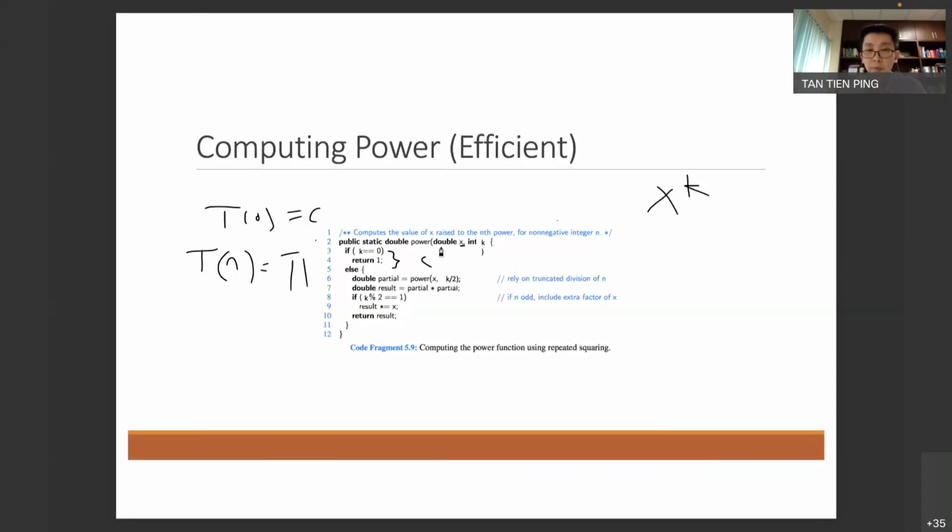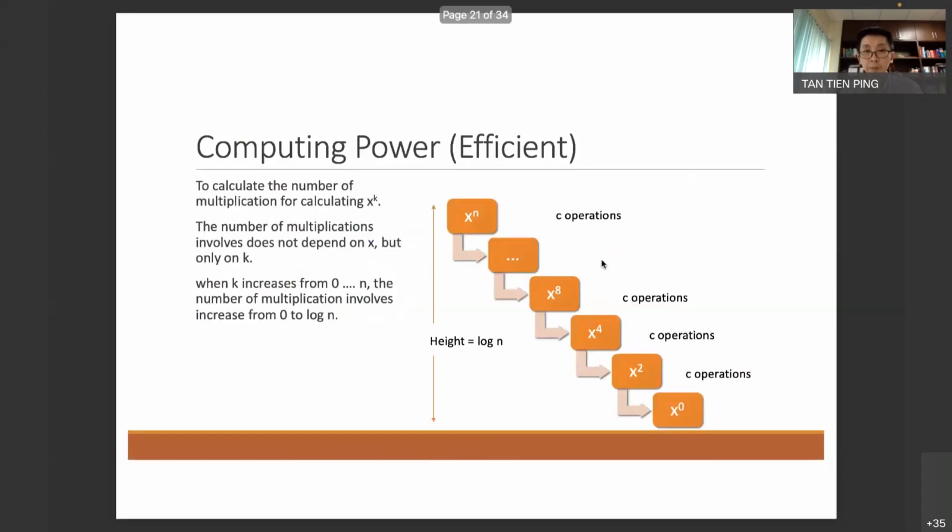So there are two parameters in these functions, right? In this case it is actually the n that we normally use. And if you look at it, the value is halved every time. So I can draw the recurrence tree, as usual, dividing by 2 every time.